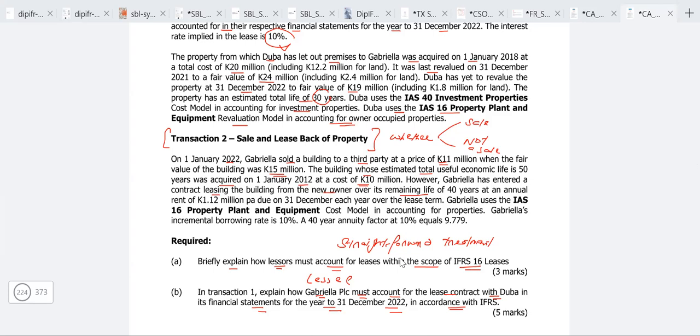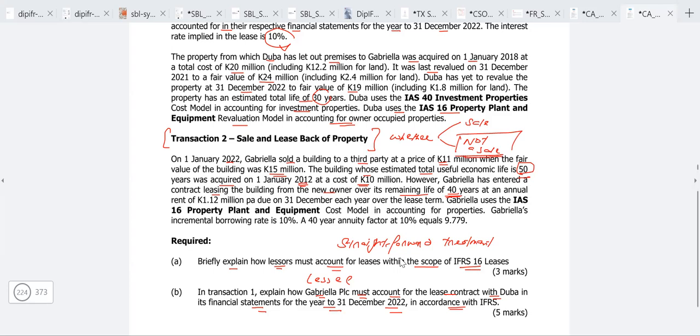So you see that they bought this asset on 1st January 2012, 10 years ago, and the total life is 50 years. The remaining life is 40 years, and they have leased it for another 40 years. So that means this is not a sale as per IFRS 15, because they still have the control of the asset for the rest of its life.